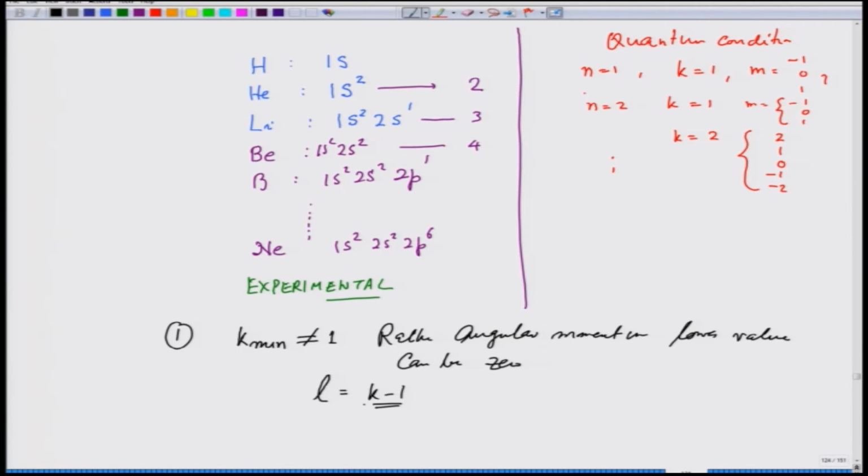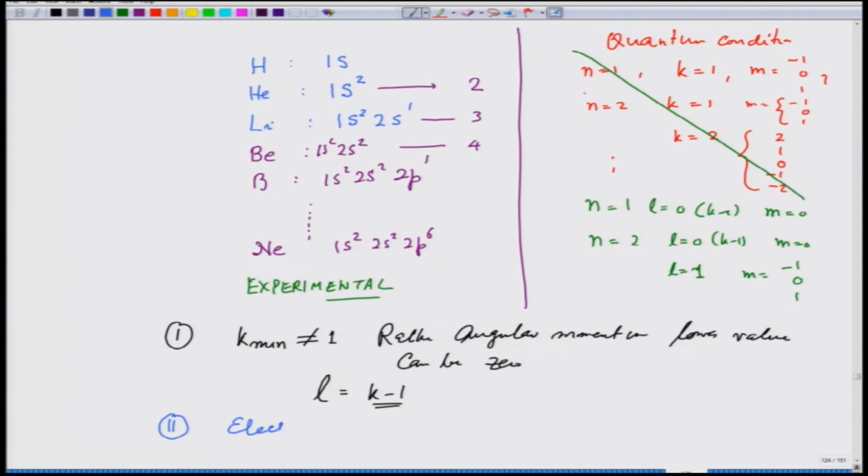So, I am now going to change right here and show it in green. Instead of this, I am going to have n equals 1 and L equals 0, which is k minus 1, and the corresponding m value would be 0. n equals 2 would have L equals 0 and L equals 1, which is k minus 1. The m value is 0, and m values minus 1, 0 and 1, and so on.